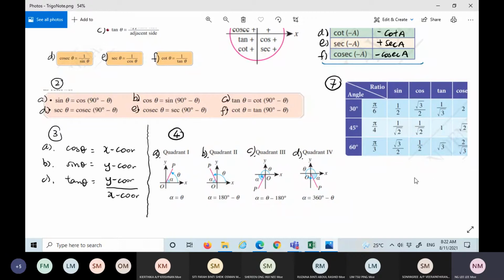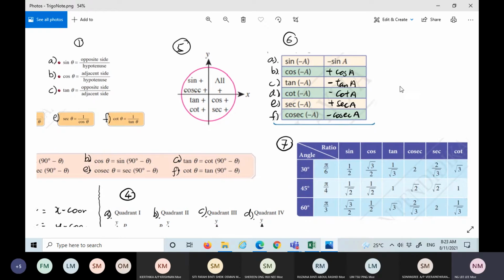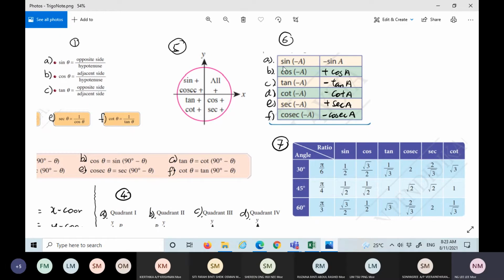Then my notes number 5 is the signs, All Science Teachers Crazy. Then my notes number 6 will be this one, which is very useful when you have a negative angle. So I want you to copy this.